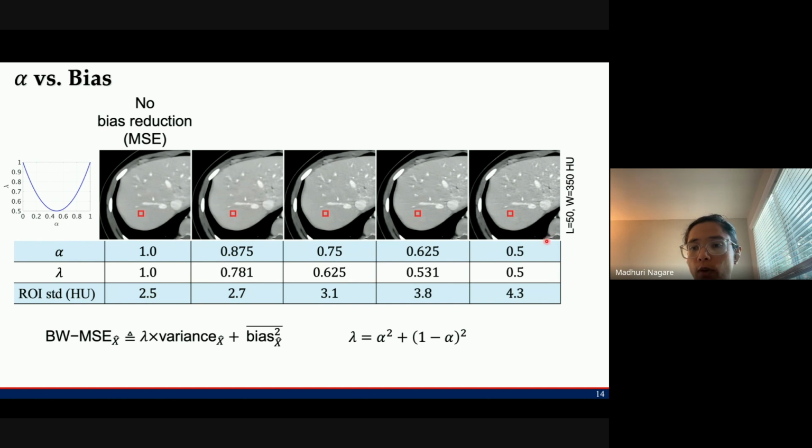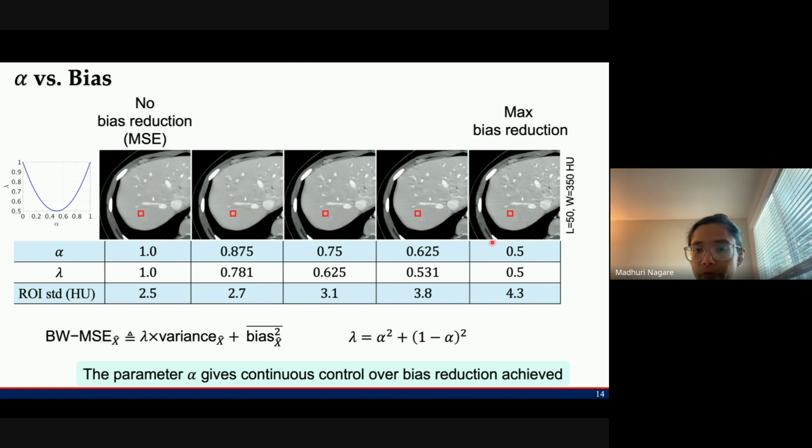Once lambda goes to 0.5, this is the maximum bias reduction we can get with this network assembly. You can see that this image has a lot more detail compared to mean square error, and it has higher standard deviation. So alpha gives us continuous control over how much bias reduction we can achieve. This is the maximum bias reduction that can be achieved with this two network assembly.